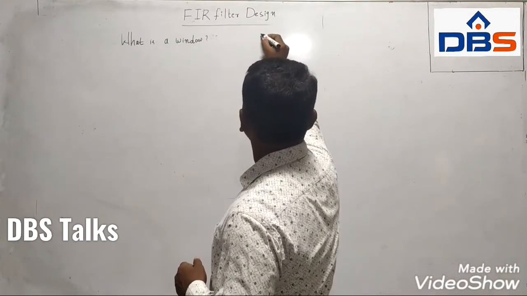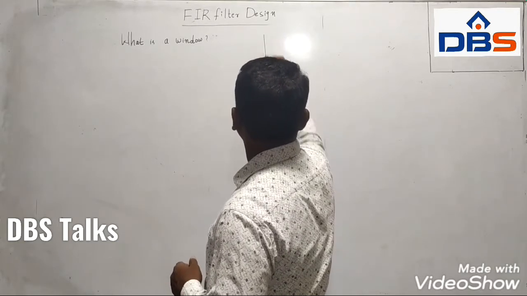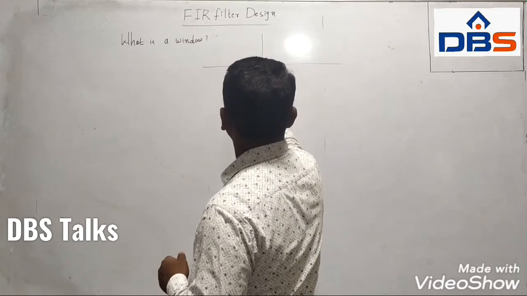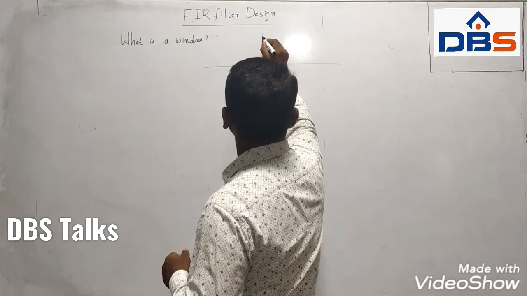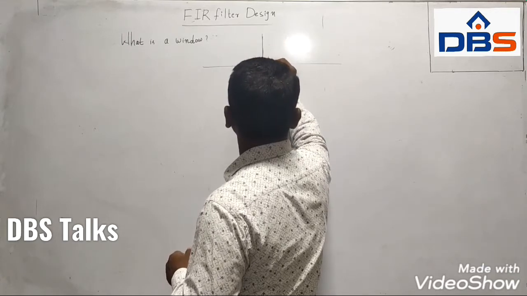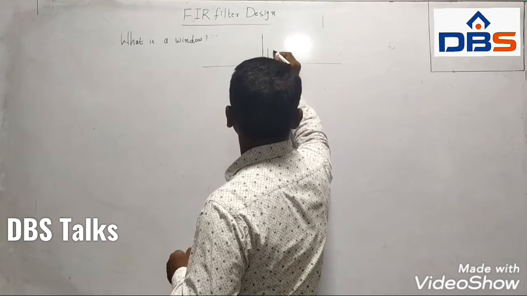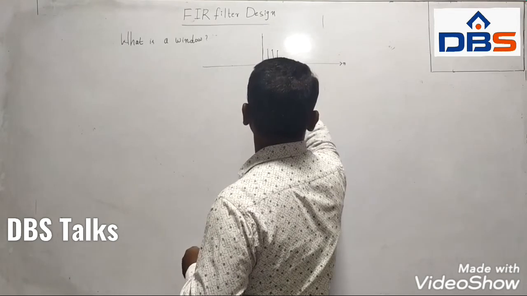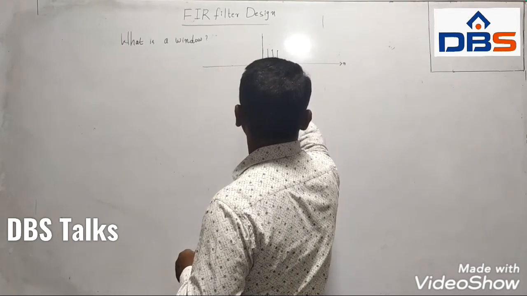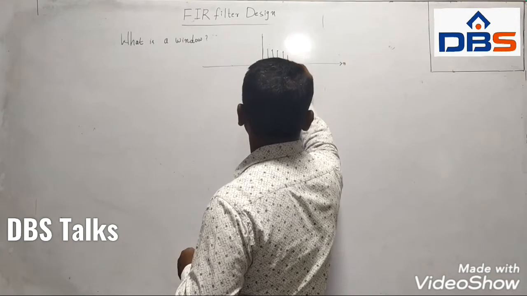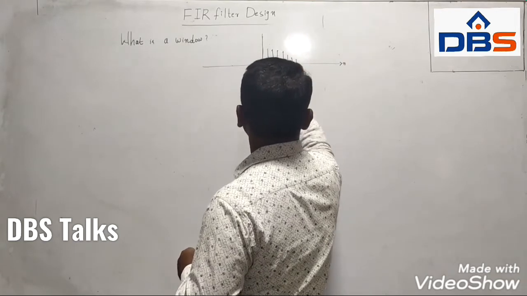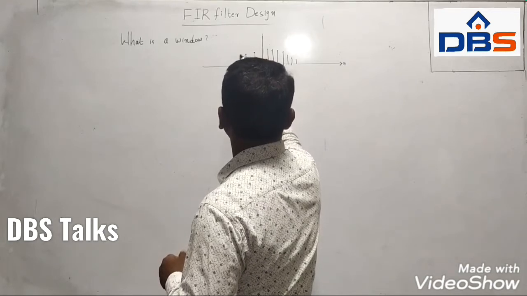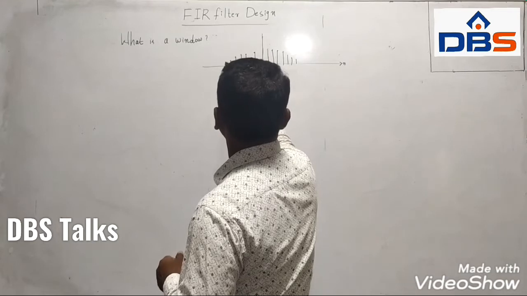Clearly observe this. If we have an infinite impulse response, you will have infinite samples like this, for all the values of n, even for negative values of n, you have the impulse response and so on.